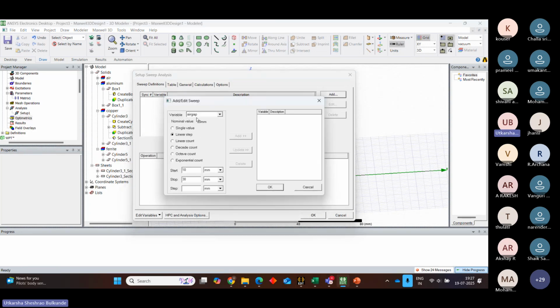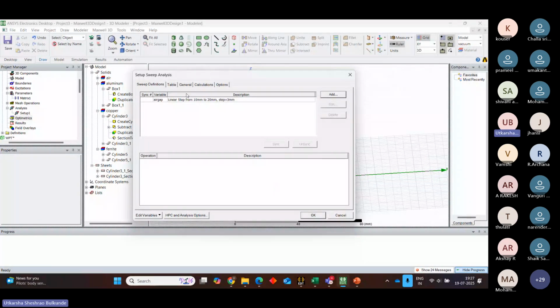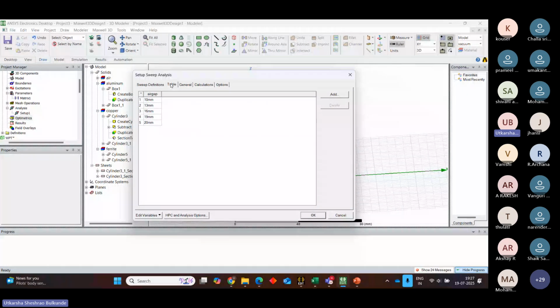So we will add air gap as your parameter. We will start from 10, we will stop at 20 in steps of 3. I think it's more than enough. So it will analyze your coupling coefficient at 10, 13, 16, 19 and 20. Okay? 10, 13, 16, 19 and 20.